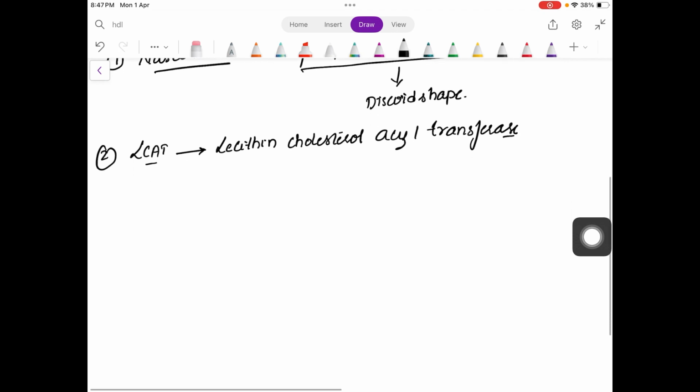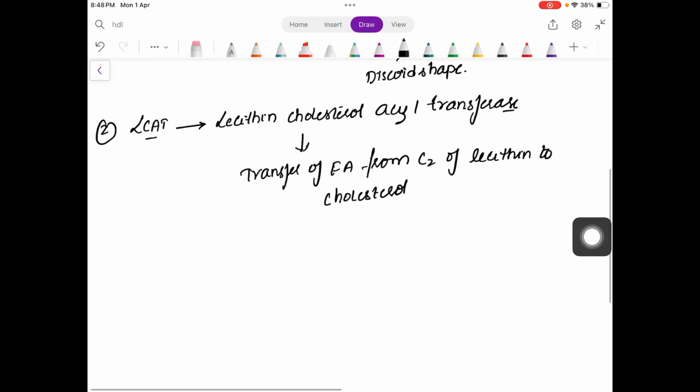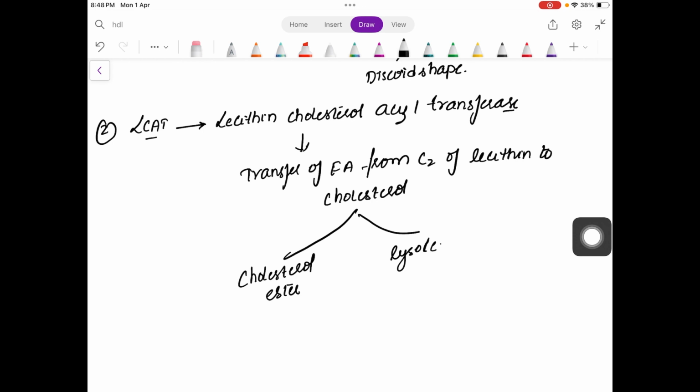This lecithin cholesterol acyl transferase enzyme will help in transfer of fatty acid from C2 of lecithin to cholesterol. Due to this transfer of fatty acid from lecithin to cholesterol, they will form two compounds, that is cholesterol ester, and another one is lysolecithin.